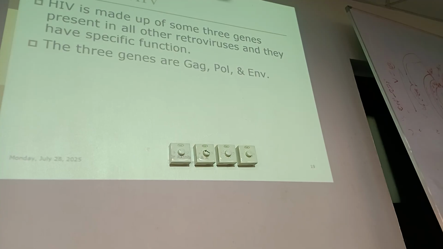The implication is that they penetrate the cell through the helper T cell, through the CD4 cells. As they penetrate the cells, they destroy the CD4 cells, and then the CD4 cell functions will be defective.